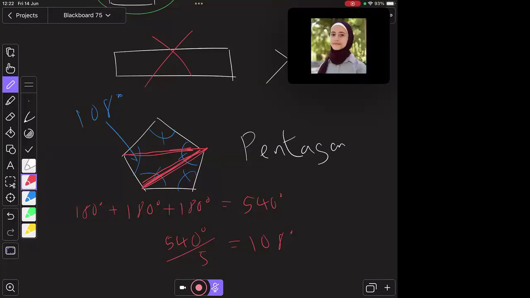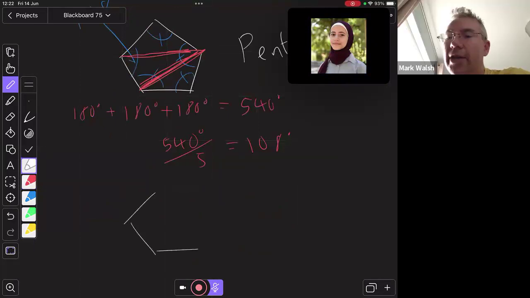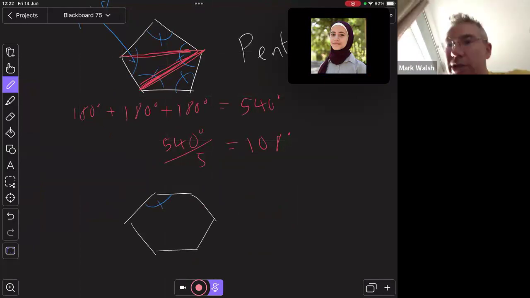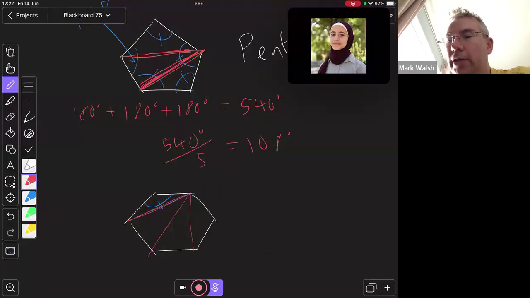Yes. So let's look at a hexagon. A regular hexagon, right? Again, all of these angles will be the same. To work out the angle here, this can be broken up into how many triangles? Into 4 triangles. 2, 3. So you get 4 triangles.